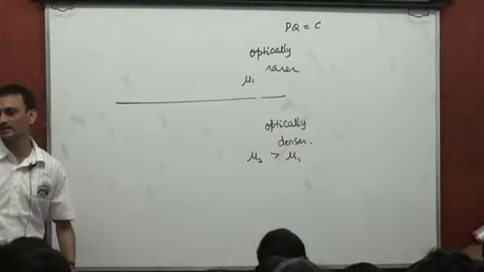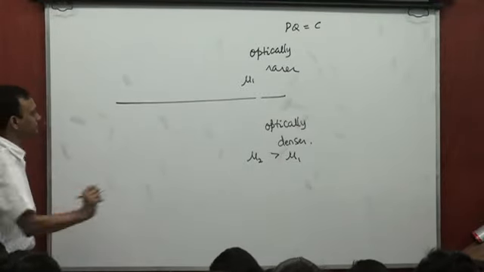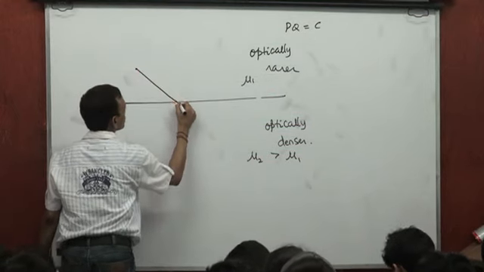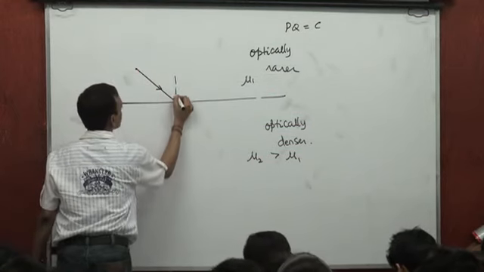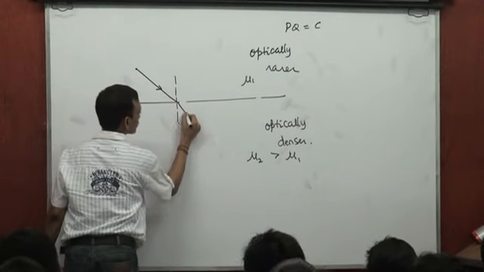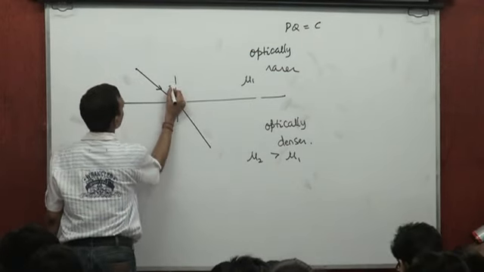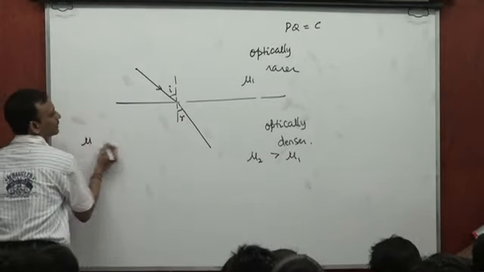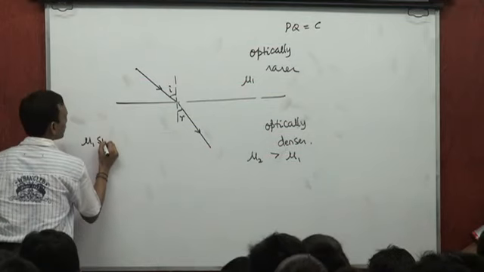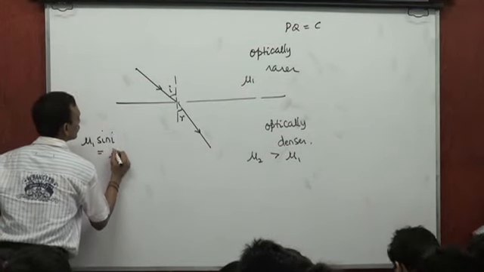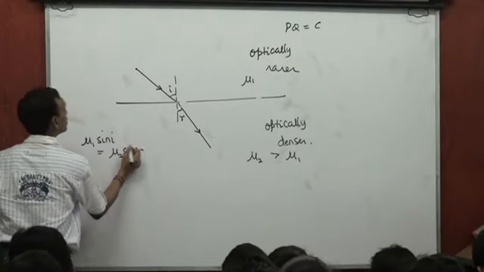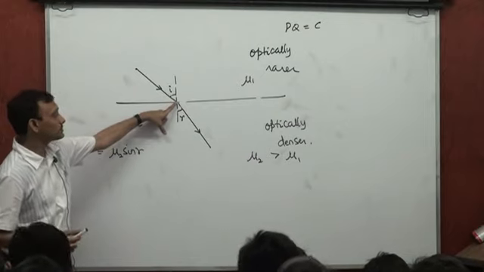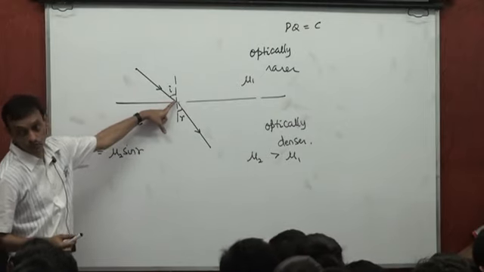That's when mu2 is optically denser than mu1, right? This is I, this is R. So we have mu1 sin I equal to mu2 sin R. Right? That's Snell's law applied at the point of incidence.